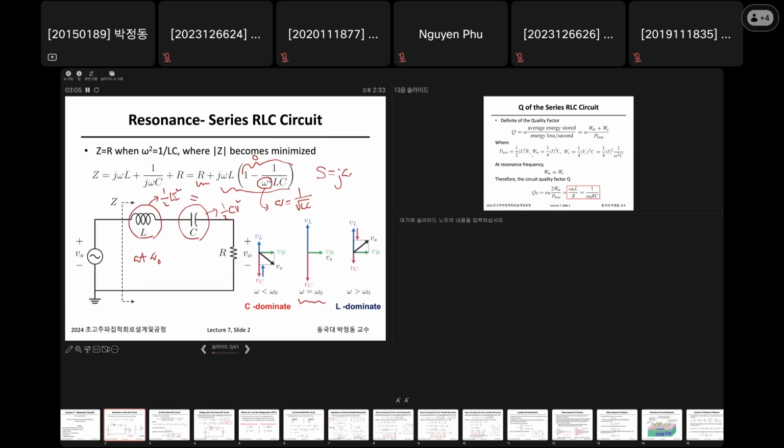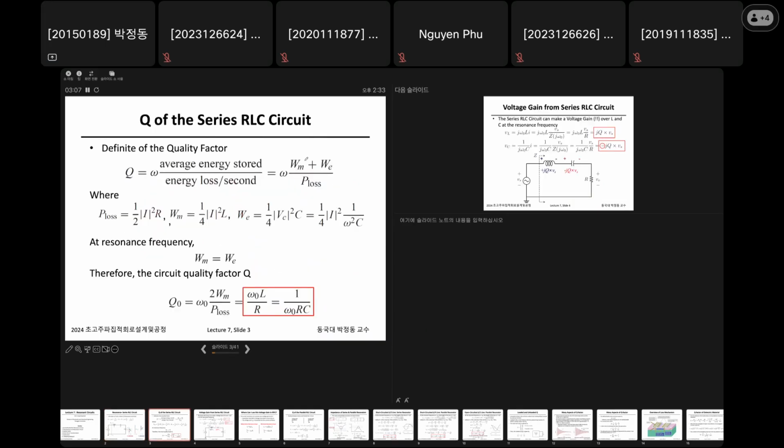For this situation, let's define the quality factor. Whenever you talk about resonance circuits, you have to understand the meaning of the quality factor.